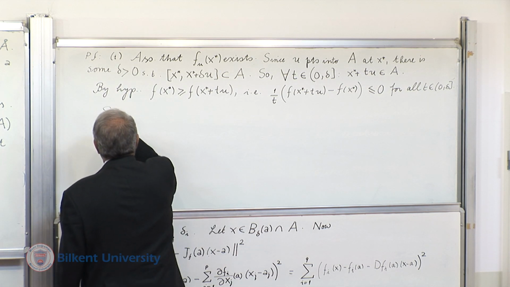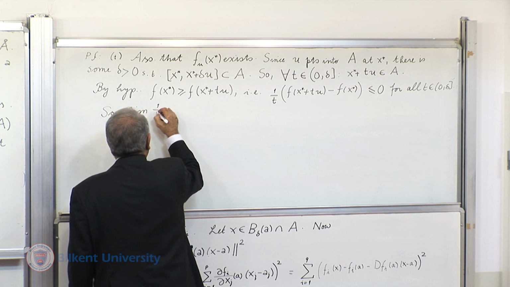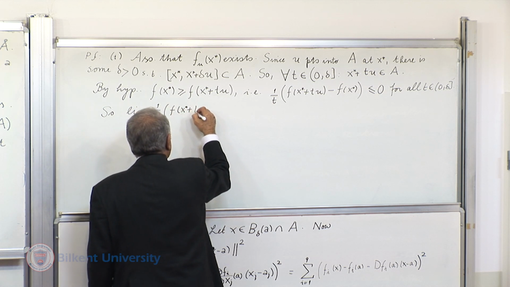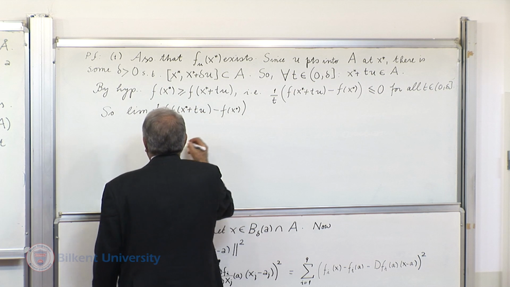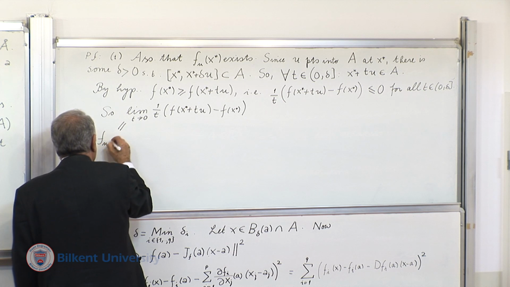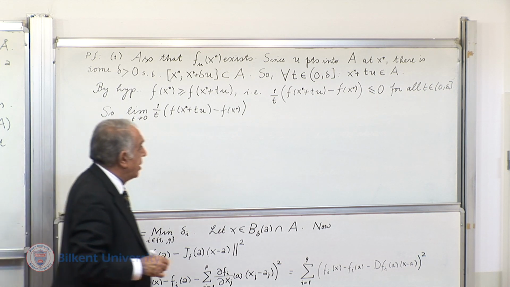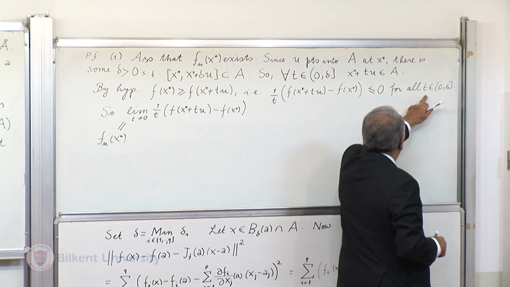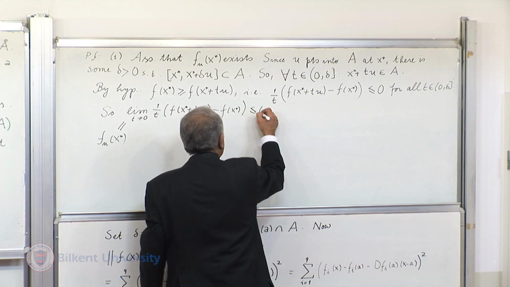So the limit of 1 over t times f of x star plus tu minus f of x star as t tends to 0 exists, and in fact it's f sub u of x star. But what does this imply? For all t in here, this is less than or equal to 0. Then the limit has to be less than or equal to 0 as well.